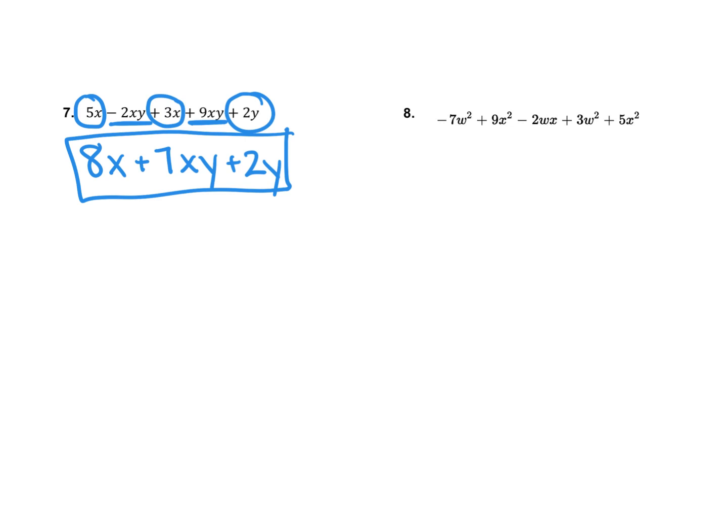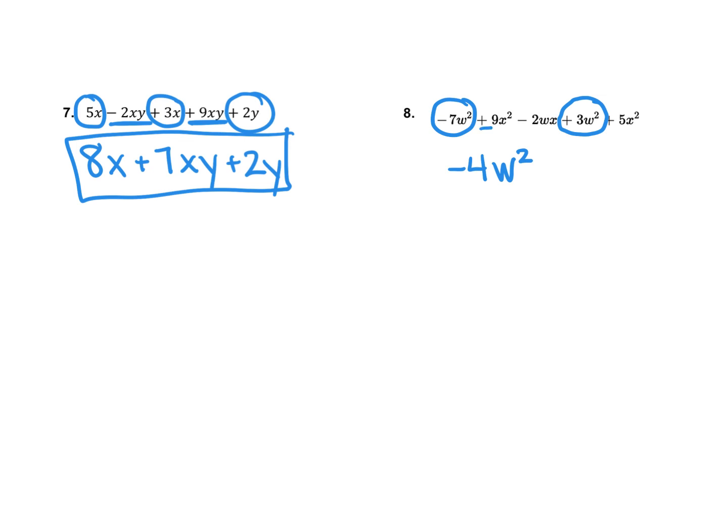All right, number 8, I have negative 7w squared plus 9x squared minus 2wx plus 3w squared and plus 5x squared. All right, well, let's start with our w squareds. Those I can combine together. So negative 7w squared plus 3w squared is going to give me a negative 4w squared.